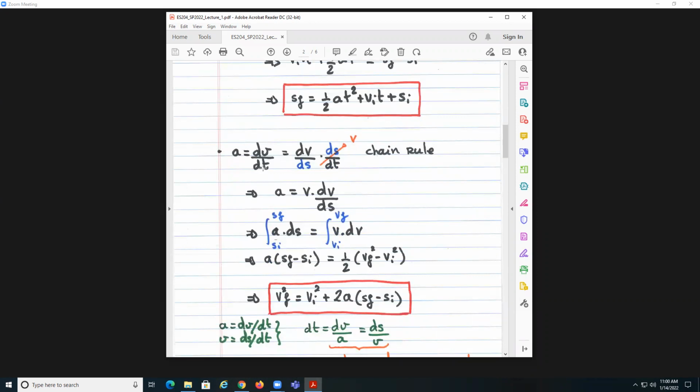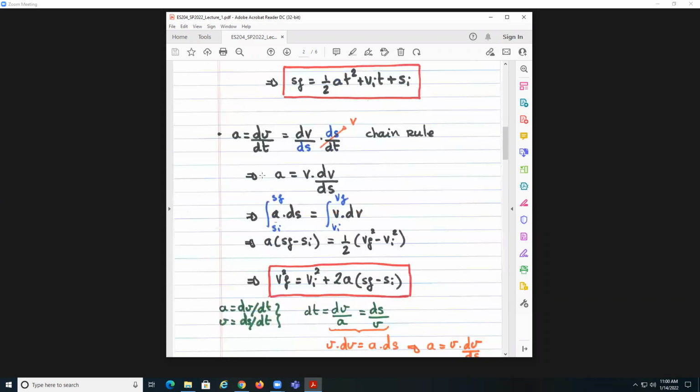So there are two different ways, if you want to eliminate the variable of time. The more mathematical is what is known as the chain rule. So basically we have a equals dv/dt. We write dv divided by ds because we need to introduce the variable s, times ds over dt, but we know that ds over dt is velocity, okay?